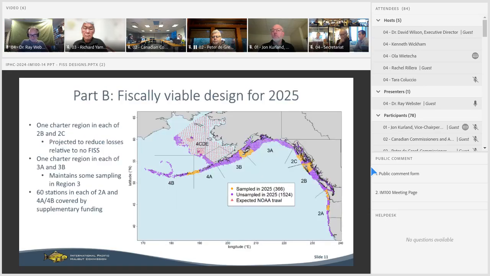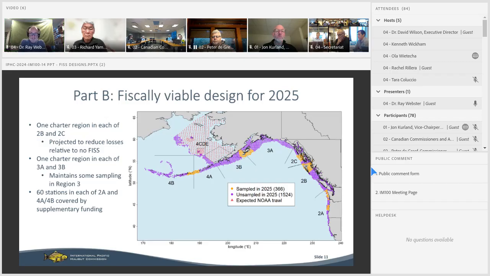So the second design that was discussed at the special session was a fiscally viable design for 2025. And so this scaled back sampling considerably in the core of the stock and relative to the base block design, such that one charter region was to be fished in each of 2B and 2C. And these charter regions were chosen because they were projected to reduce losses relative to having no fish at all.